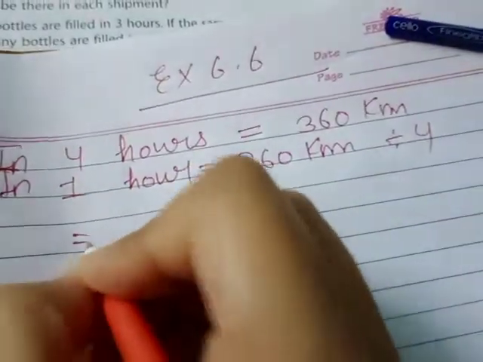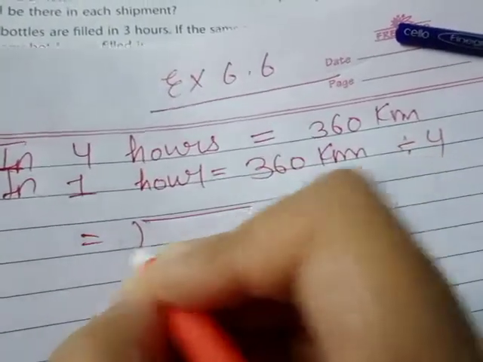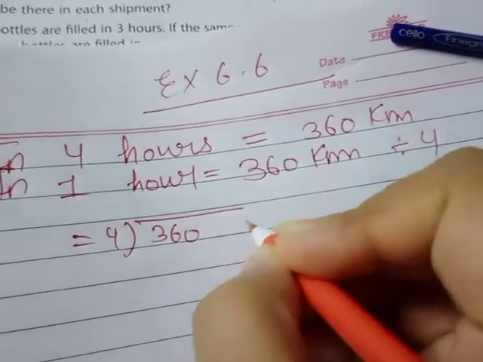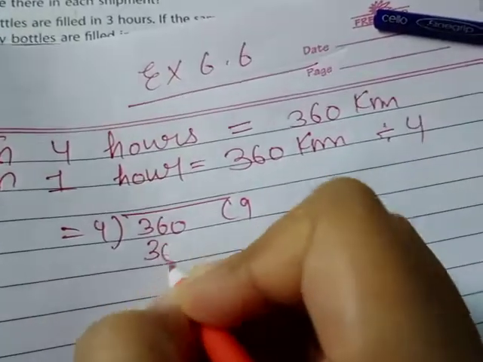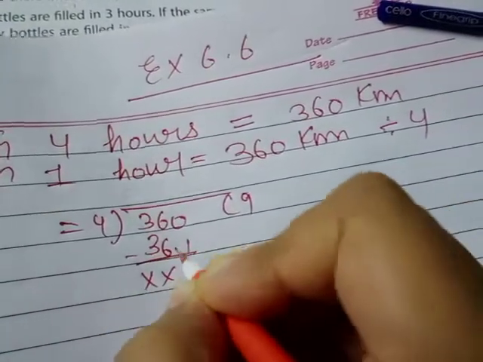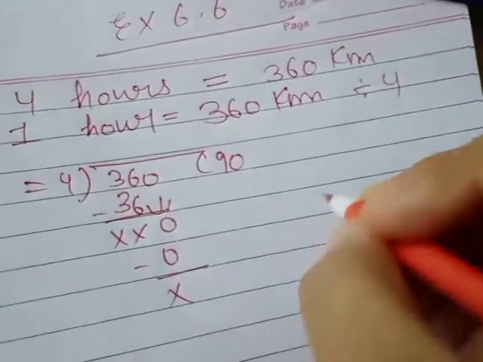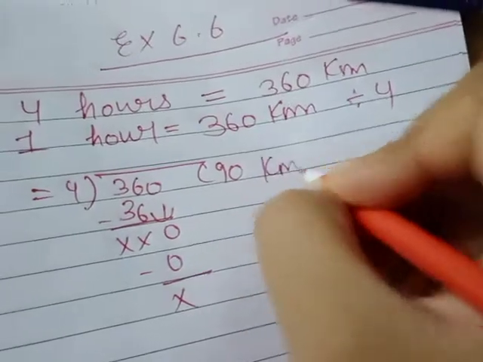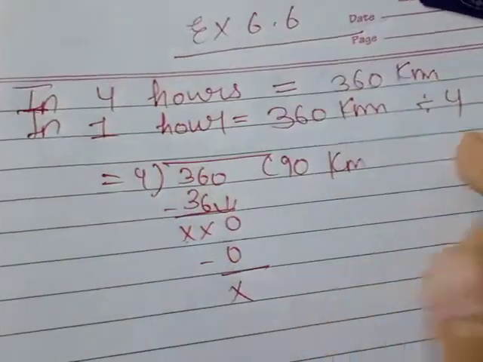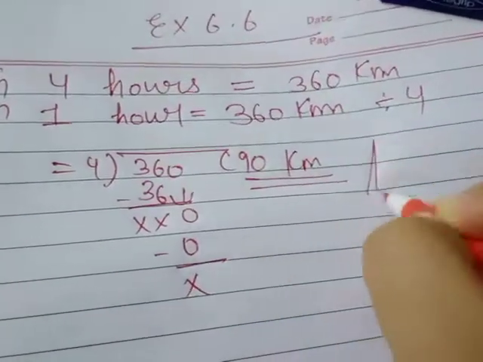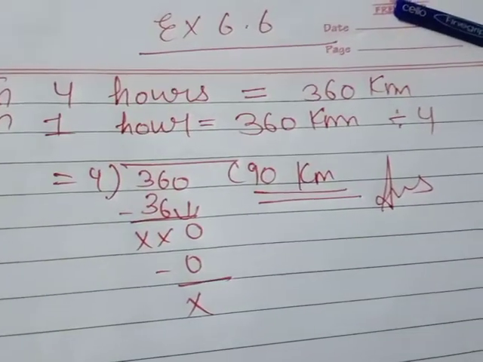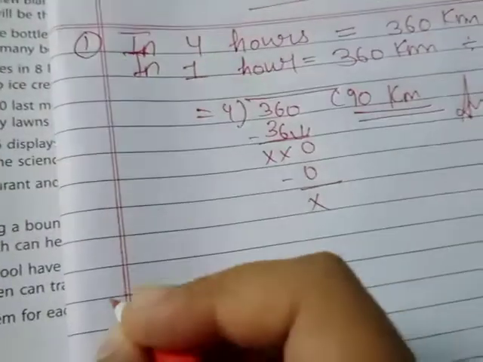You can divide like this: 9 fours are 36, zeros are 0. So 90 kilometers is coming. So in 1 hour it will travel 90 kilometers. Understood?